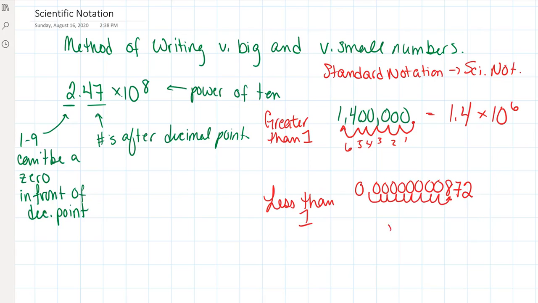So I move this over, and I rewrite it as 8.72. But now I went to the right with moving my decimal point, so I'm going to write this as 10 to the -9th. This -9 means it's less than 1. And my positive exponent with my 10 to the 6th means it's going to be greater than 1.